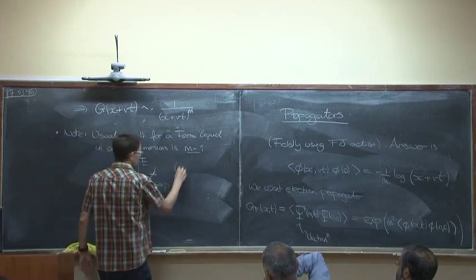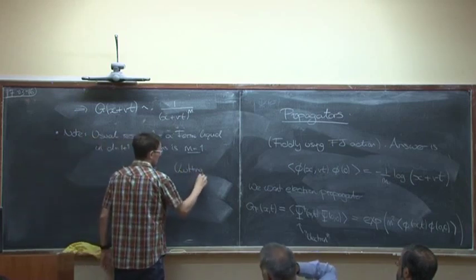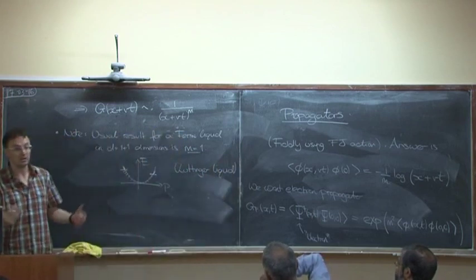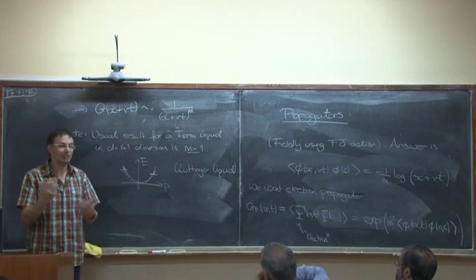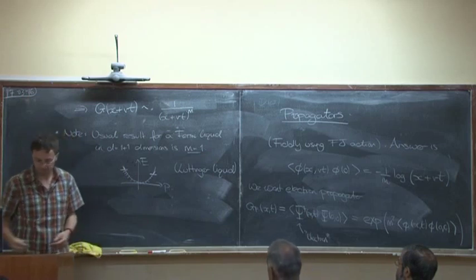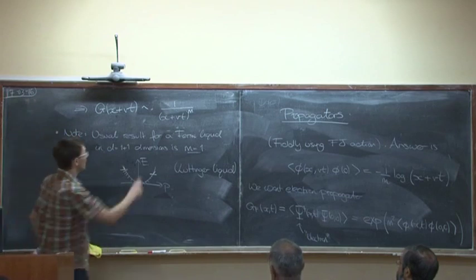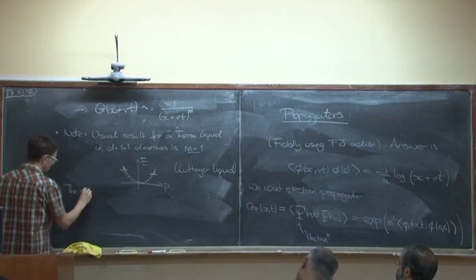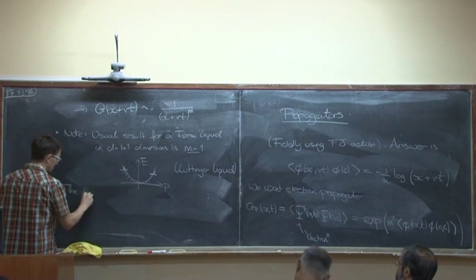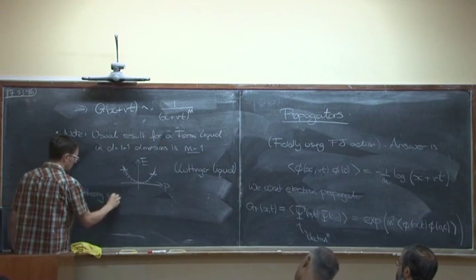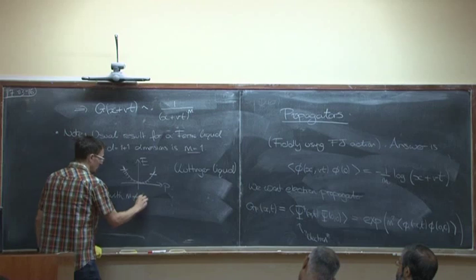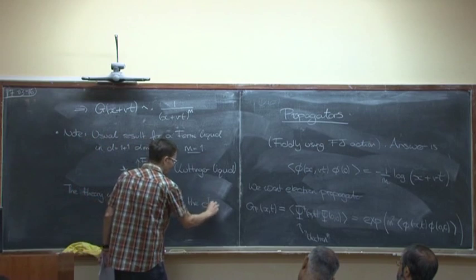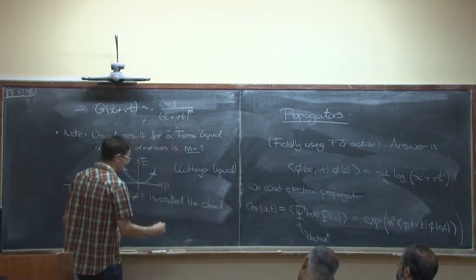By the way, this is called a Luttinger liquid. The Luttinger liquid is the name given to the Fermi liquid. Here we've obviously not got the usual Luttinger liquid. So the story, or the theory, with m not equal to 1 is called the chiral Luttinger liquid, even though its defining feature is that it's not a Luttinger liquid.